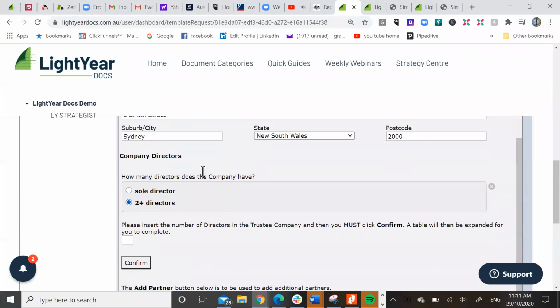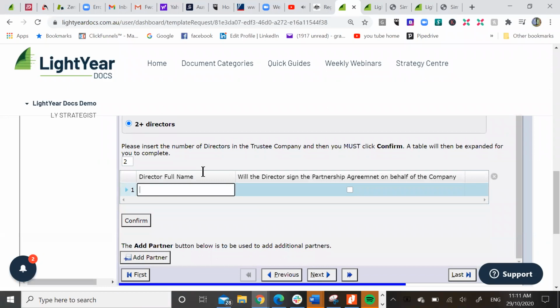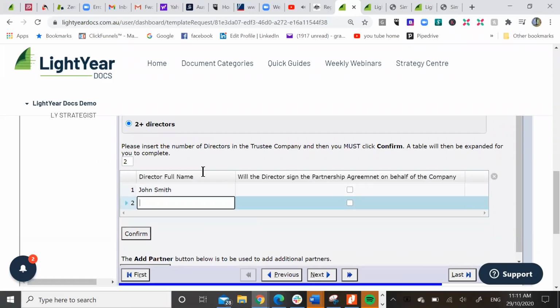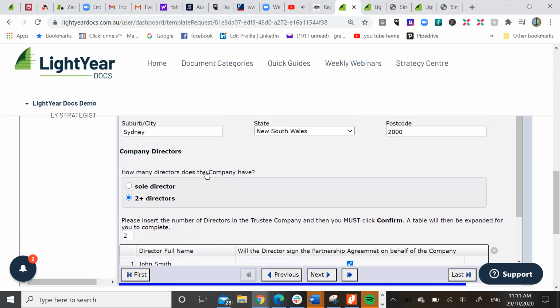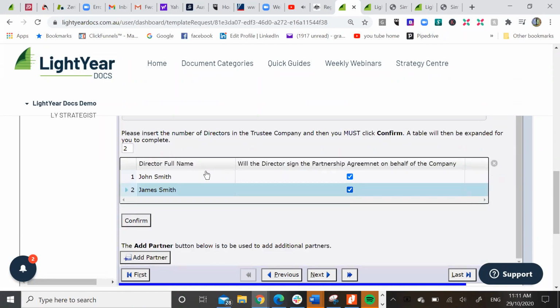So 2 directors, put in 2 there, and then we confirm. Then we've got John Smith, and we can put his brother, James Smith. So it could be James's SMSF, and it could be John's family trust.